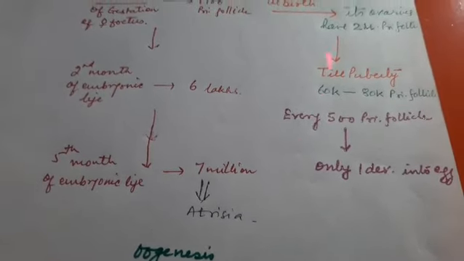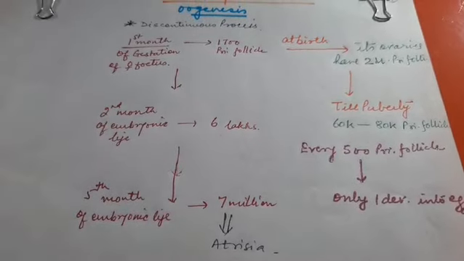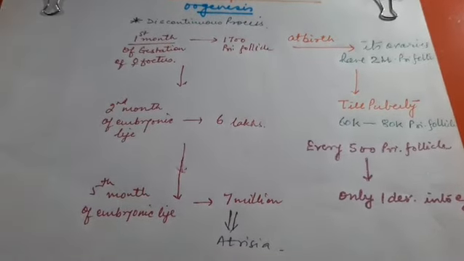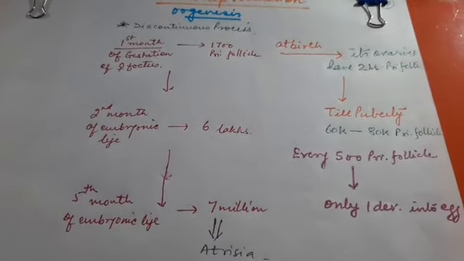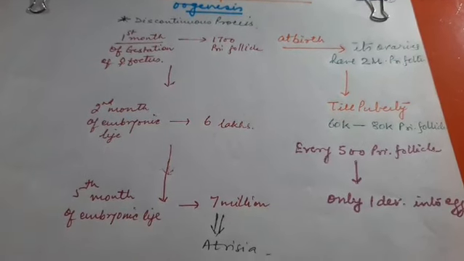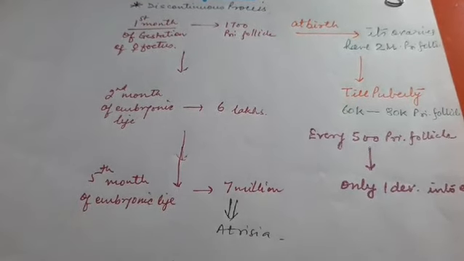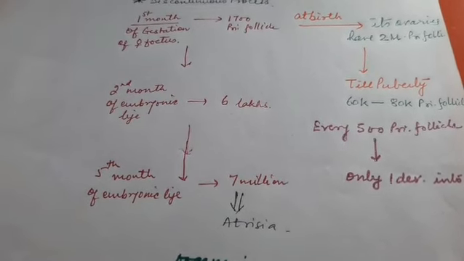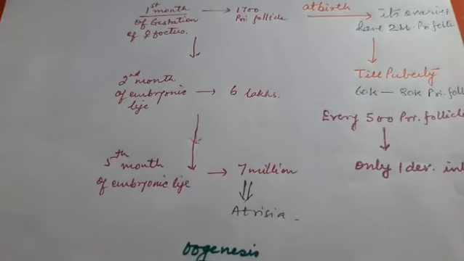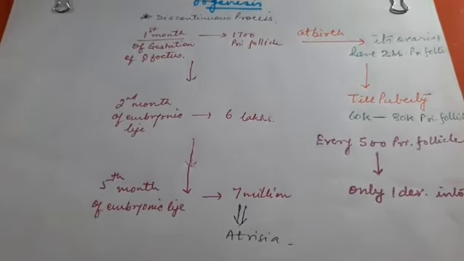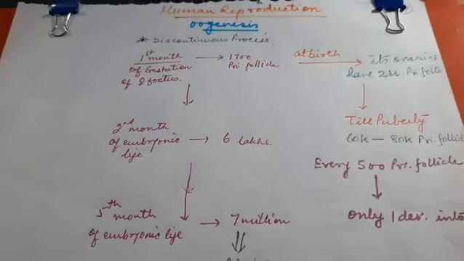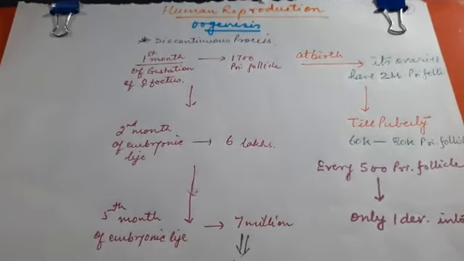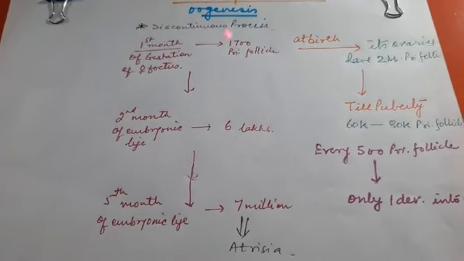All these changes can be divided into two parts or two steps. One is before birth and the second is after birth. Some changes take place before birth, and then the changes continue after puberty. So, there is a break between birth and puberty, and that is why we call oogenesis a discontinuous process.